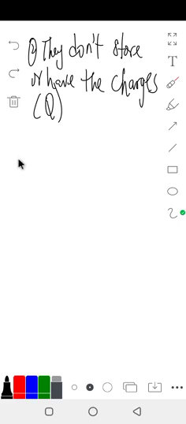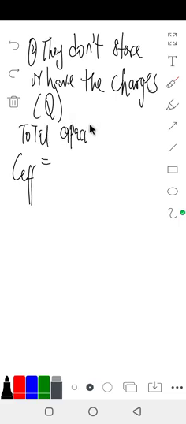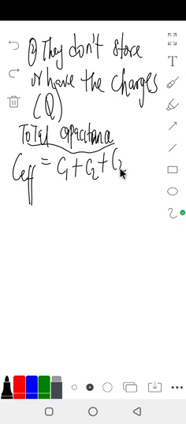Then to calculate the effective total capacitance of capacitors in parallel, you have C1 plus C2 plus C3.